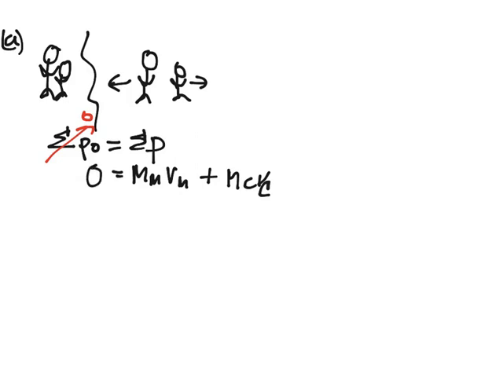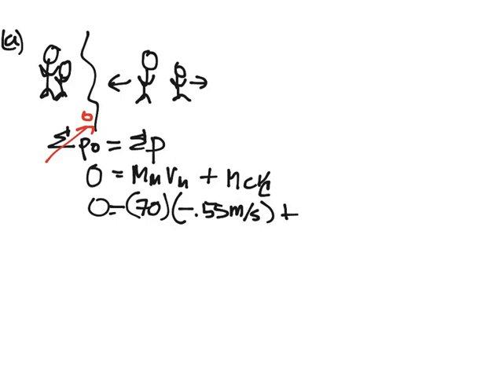Now the way I've drawn it, the mom is moving to the left. Alright, so we know that the mass of the mother is 70 kilograms. And the way I've drawn her, it looks like she's moving to the left. And so I'm going to say her velocity directly after they push off is equal to negative 0.55 meters per second.